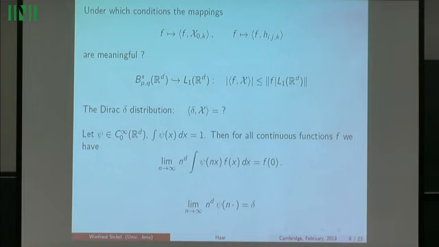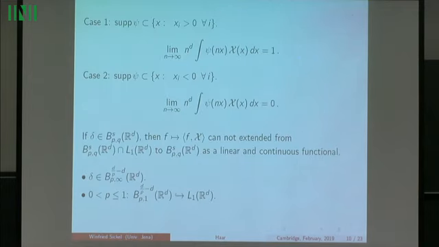And that means, rephrased in the terminology of weak convergence in S prime, that these functions form a convergent sequence with limit delta. But then you may look for the following two special cases. If the support of phi is concentrated in this part of R^d, then we get that the limit is 1 if we take the scalar product of these functions with the characteristic function of the unit cube.